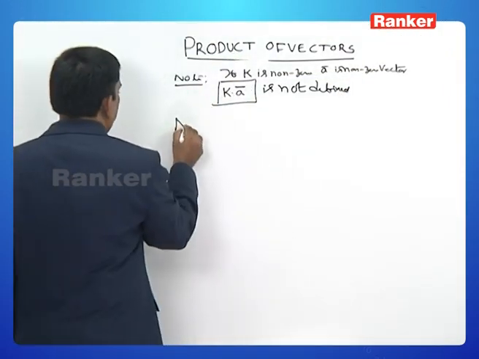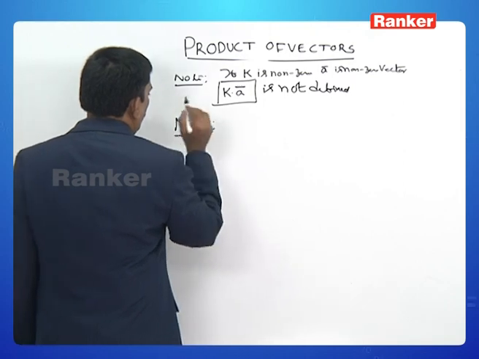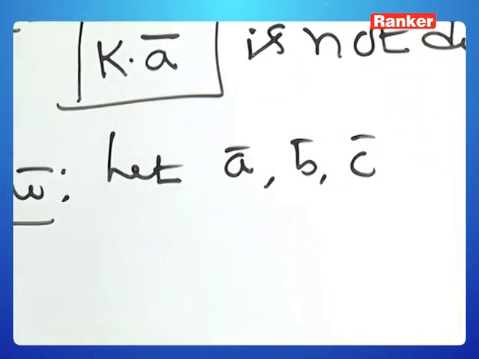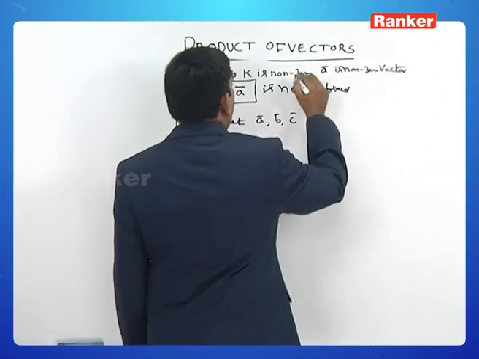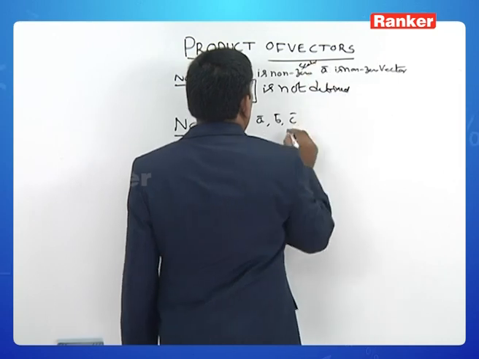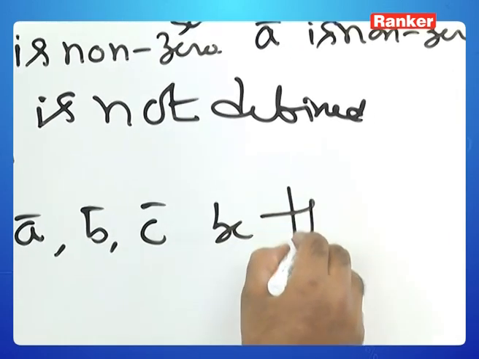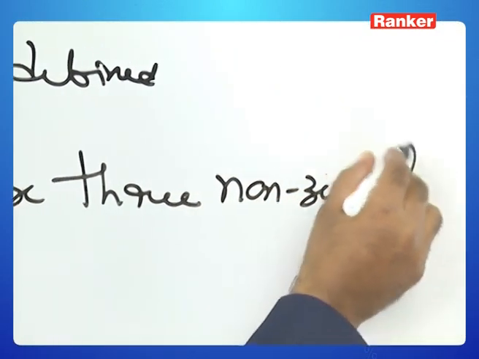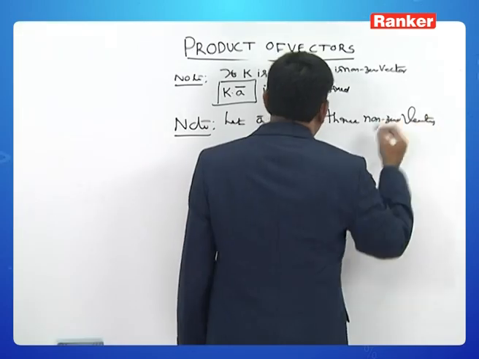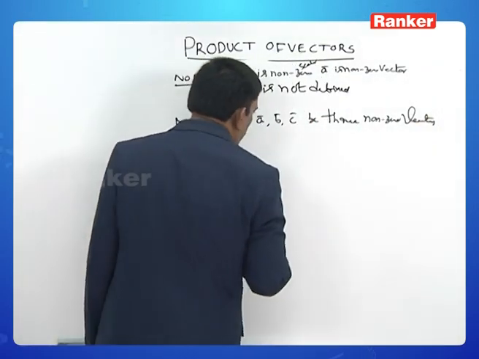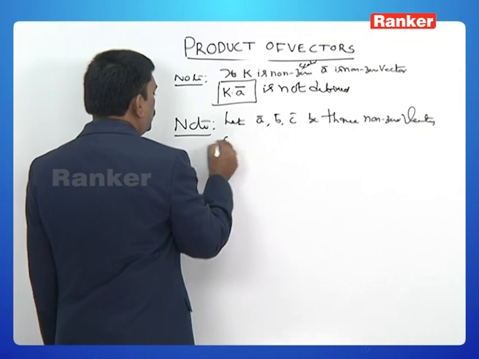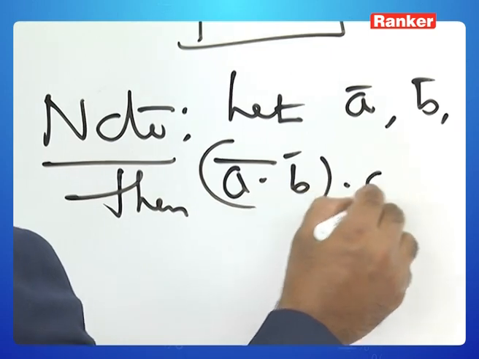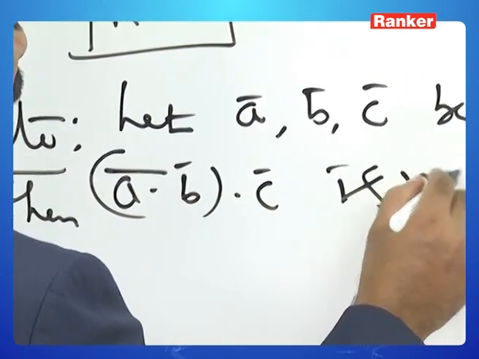Next, notice: let A bar comma B bar comma C bar be non-zero vectors, then A bar dot B bar dot C bar is not defined.